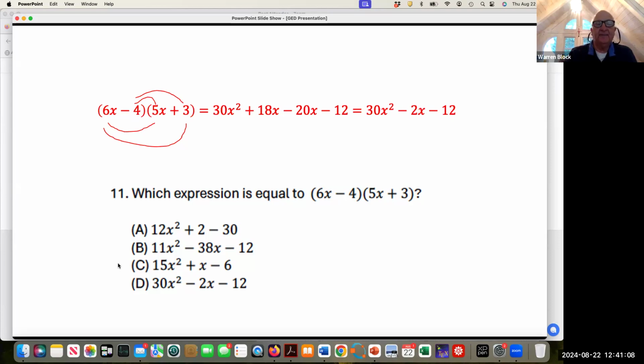The inner is 4 times 5, and the first times the first is 6 times 5. So first times the first, the outer, the inner, and then the last times the last. FOIL.